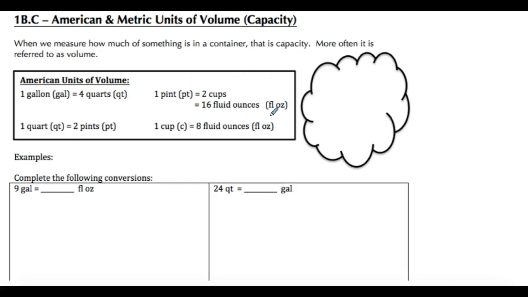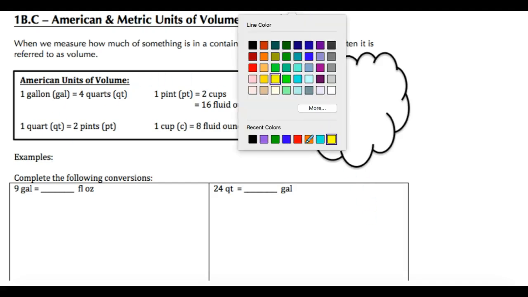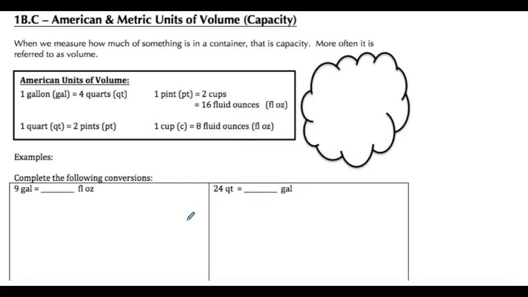And we're going to do this similar to the way that we have been in the past with our conversions. If we look at what we're starting with, we have 9 gallons. When I want to convert this, I'm going to put gallons down below. Looking up above, I notice that I don't have gallons to ounces. Gallons goes to quarts.